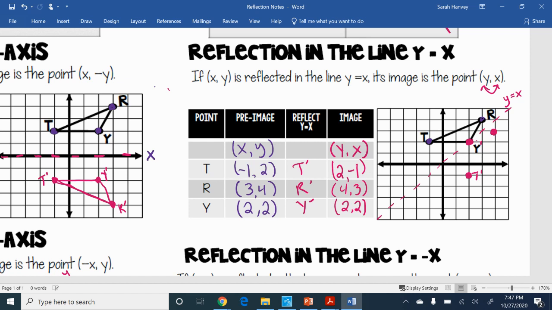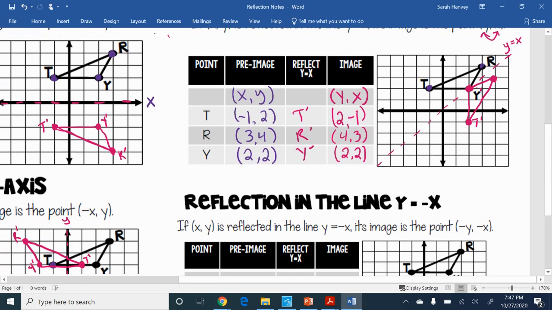There we go. And we're going to connect those dots. All right, so hopefully you can see that it is a mirror image across that dashed line at y equals x, and so that flips over on there. Probably could have been drawn a little bit better, but hey, we get what we get.